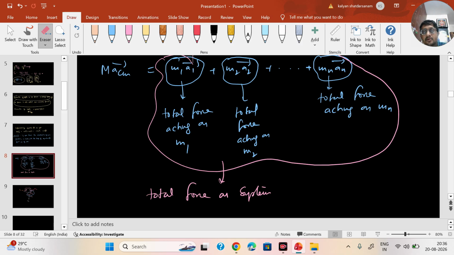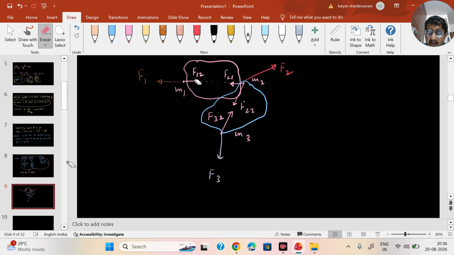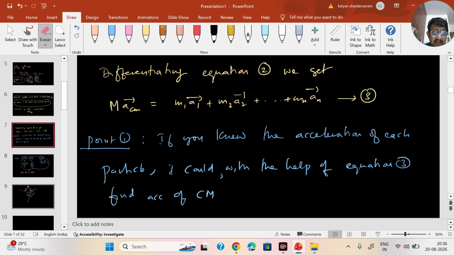All these internal forces will cancel. Can you see that? They come as action reaction pair. F12, F21 cancel. F23, F32 cancel. F13, F31 cancel. If there is another particle, F14 and F41 will cancel. F24 and F42 will cancel. So all internal forces will cancel.